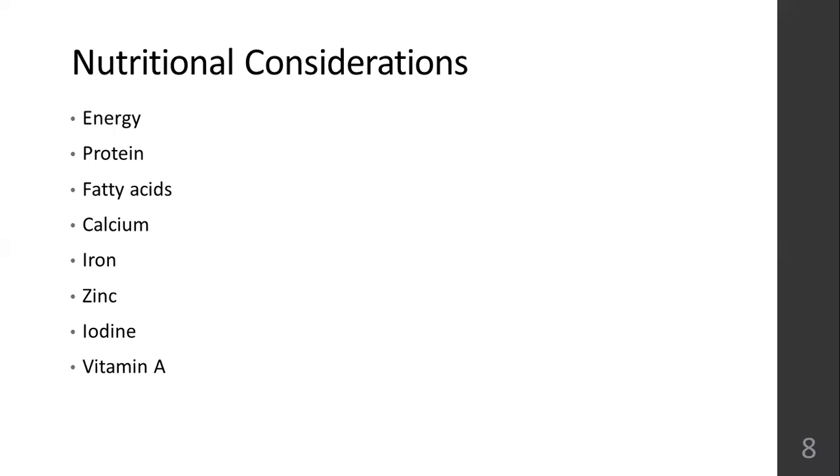Then vitamin A. All your yellow, orange, red fruits and vegetables, all the non-vegetarian food, they are the best sources of vitamin A. Vitamin D, you will get vitamin D only from non-vegetarian sources, not from vegetarian sources.